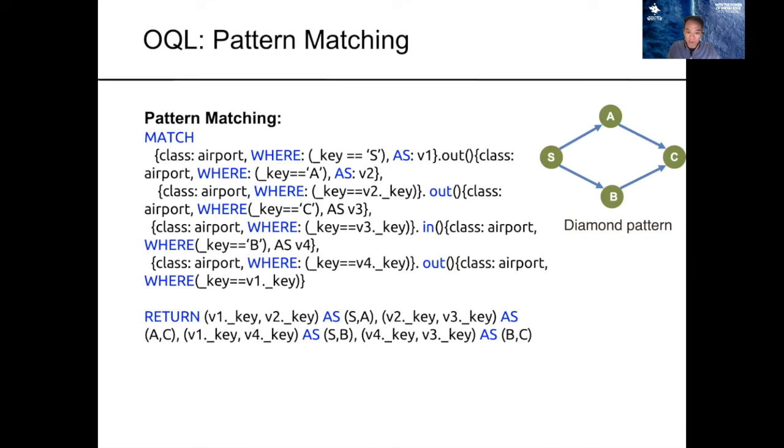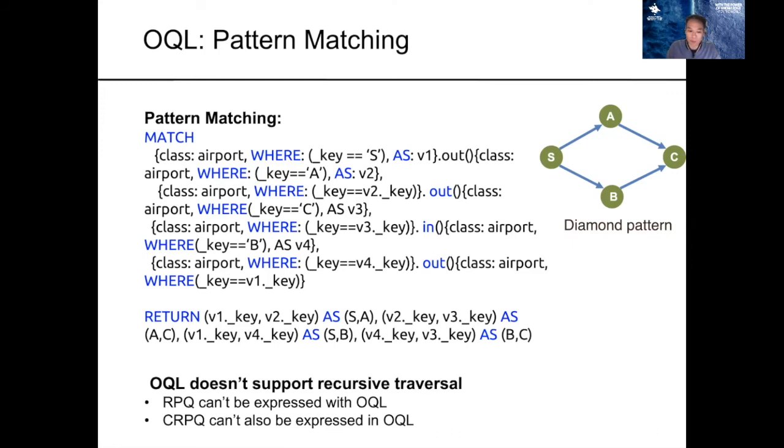The first edge pattern is going out from S to A. The second is going out from A to C, and the third one is to find the edge from B to C, and the last edge pattern is from S to B. So by combining the edge patterns, we can get a fully connected diamond pattern.